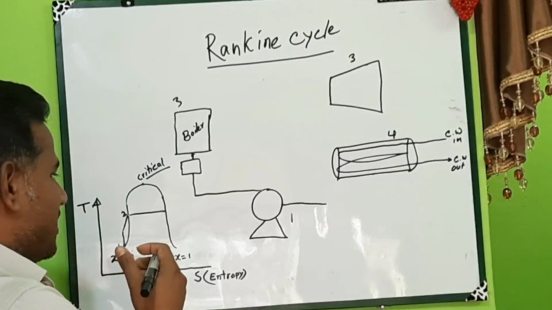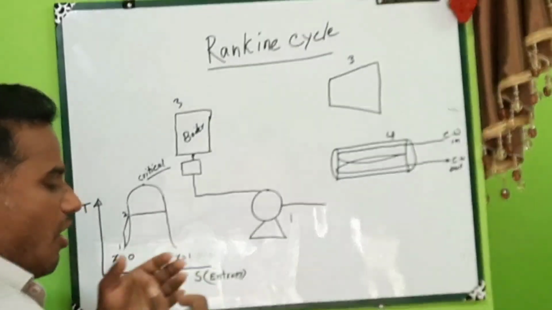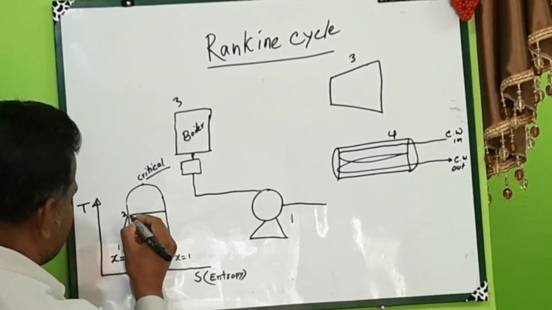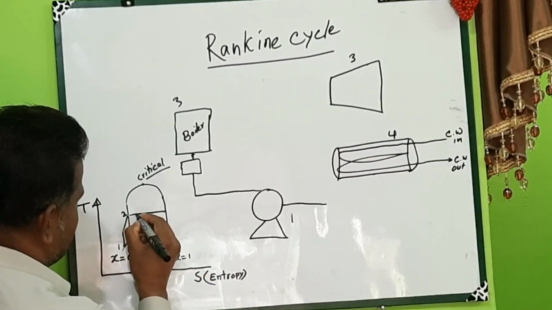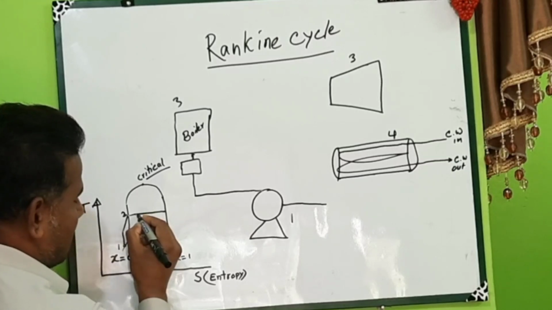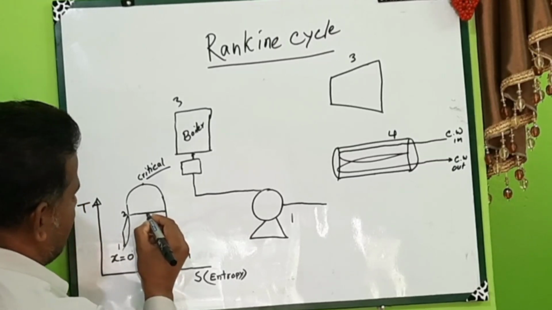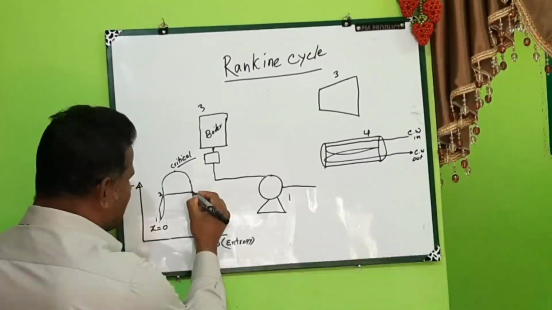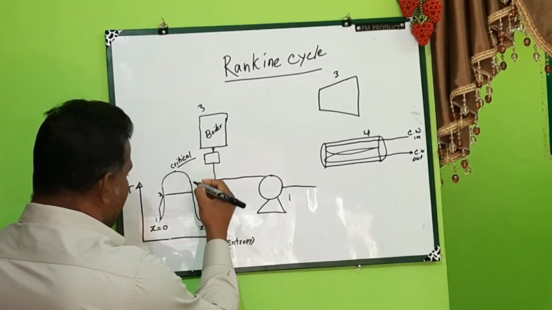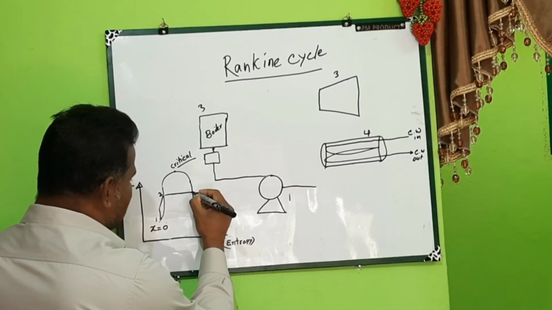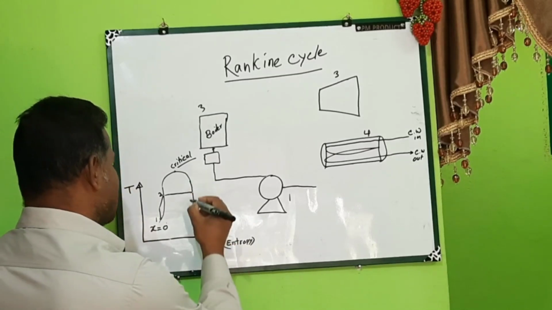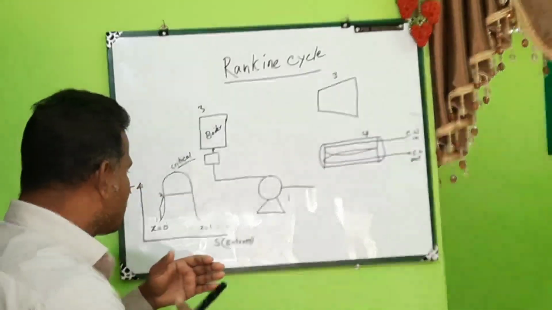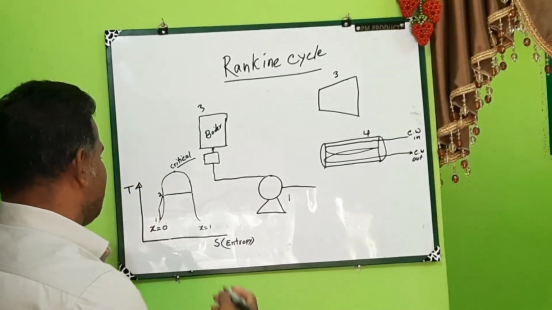The saturated steam takes heat, and slowly it all converts to vapor. Up to this point you think 30% of the water is converted to vapor, at this point 50%, at this point 75%, and at this point the saturated steam is fully converted to vapor, to dry steam.